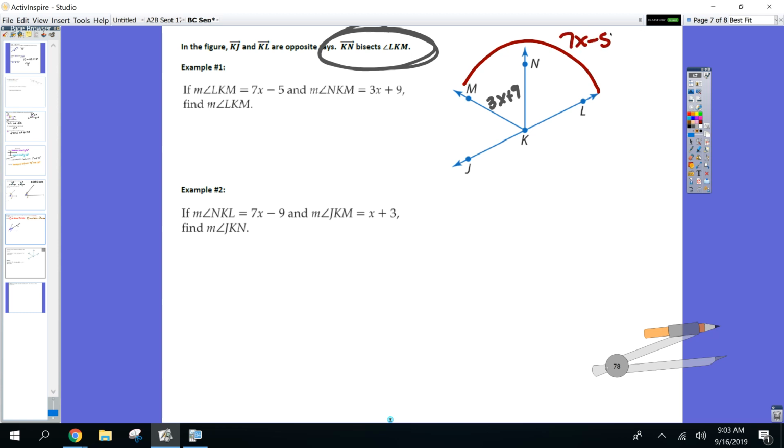You don't have to label it like me, whatever you're comfortable with. And we need to find the measure of LKM. So how many degrees in LKM?